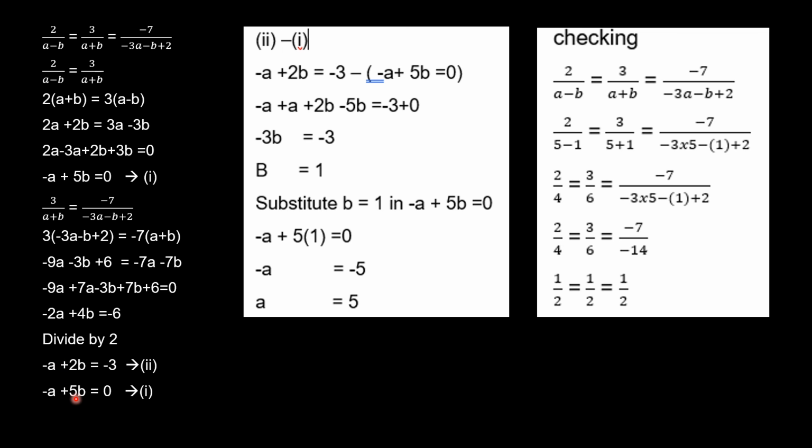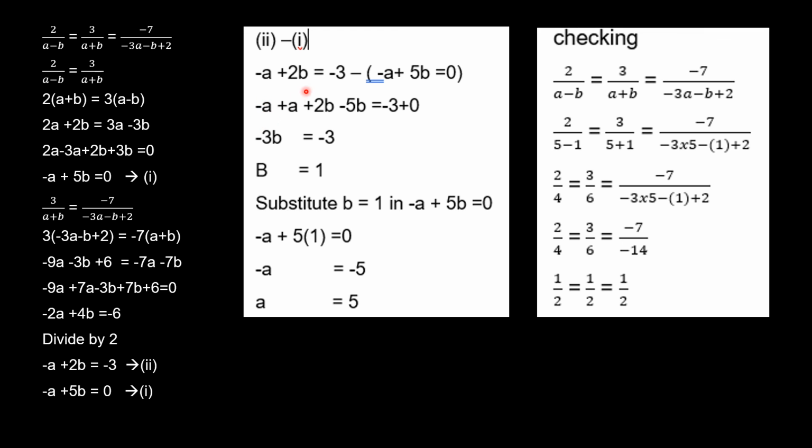So when you subtract 2 from 1: minus a plus 2b equal to minus 3, minus of minus a plus 5b equal to 0. So minus a, this minus into minus will become plus a, then plus 2b minus 5b equal to minus 3 plus 0.